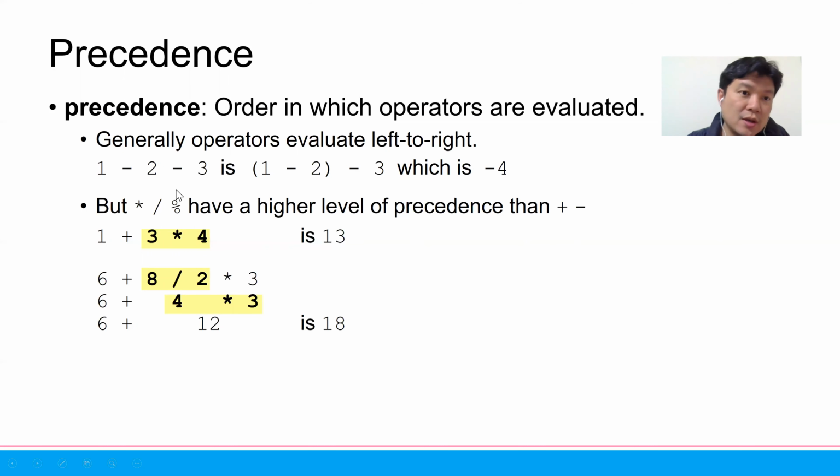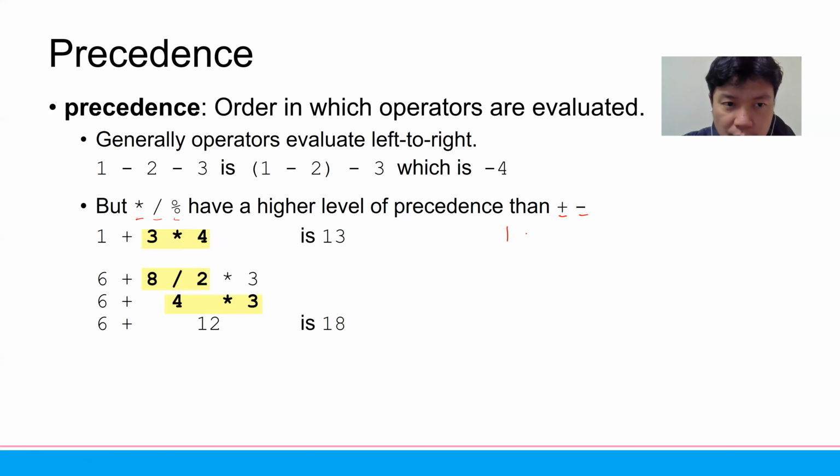So this sequence goes from left to right. But okay, please remember, multiplication, division, and remainder have a higher level of precedence than addition and subtraction. For example, I have 1 plus 3 multiplied by 4. Okay?